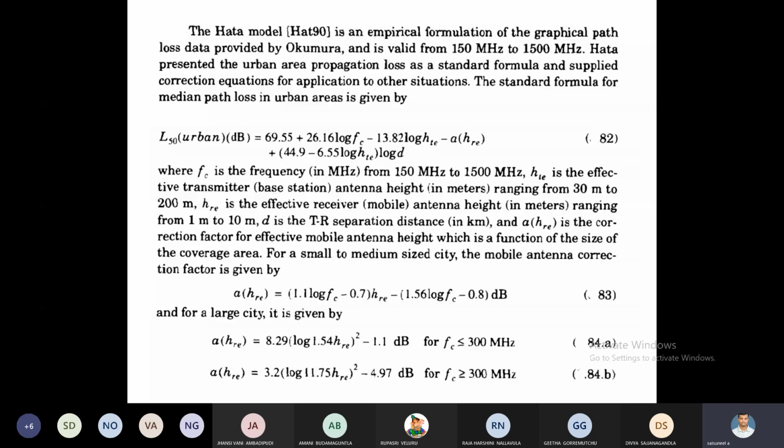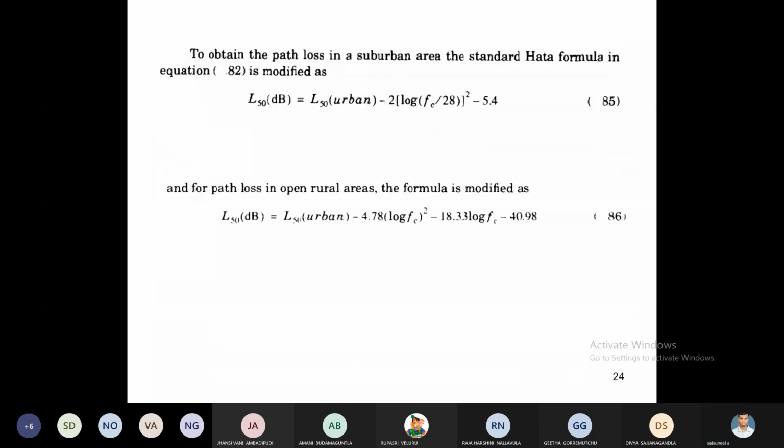This is about urban area. Now we are going for how to calculate path loss in a suburban area by the Hata model. The path loss for suburban area, L50 in dB, is equal to L50 urban minus 2 multiplied with log of FC by 28 square minus 5.4.